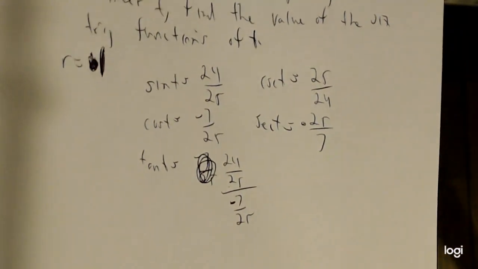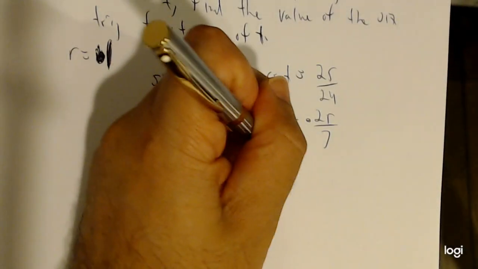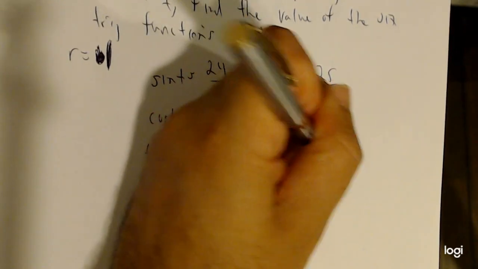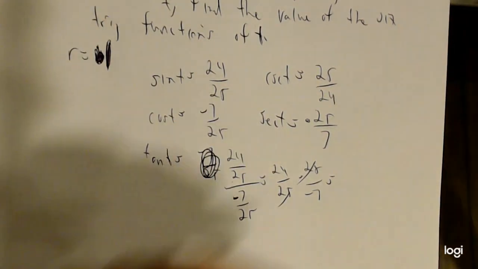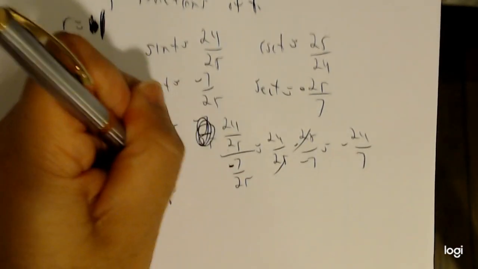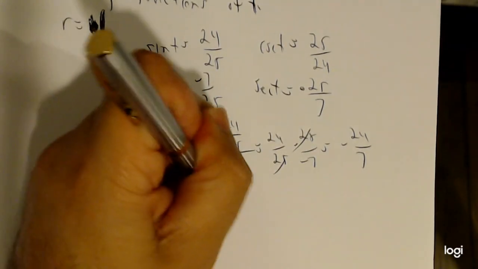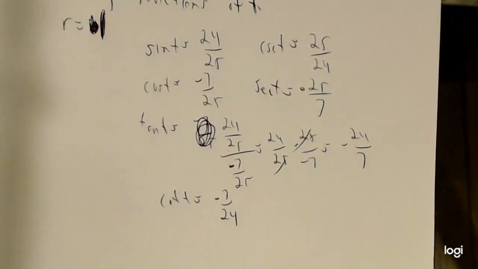If I simplify this, I multiply by the reciprocal of the denominator, the 25's cancel out, and we get negative 24 over 7. And cotangent of t is just the reciprocal of negative 24 over 7, which is negative 7 over 24. And there you have it.